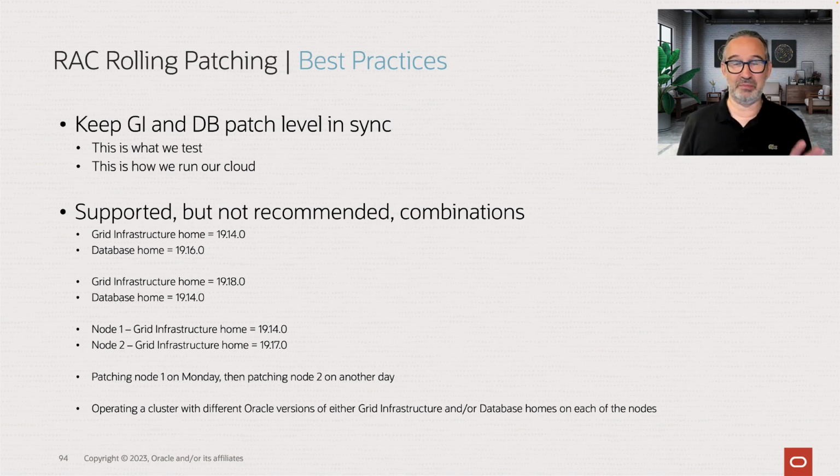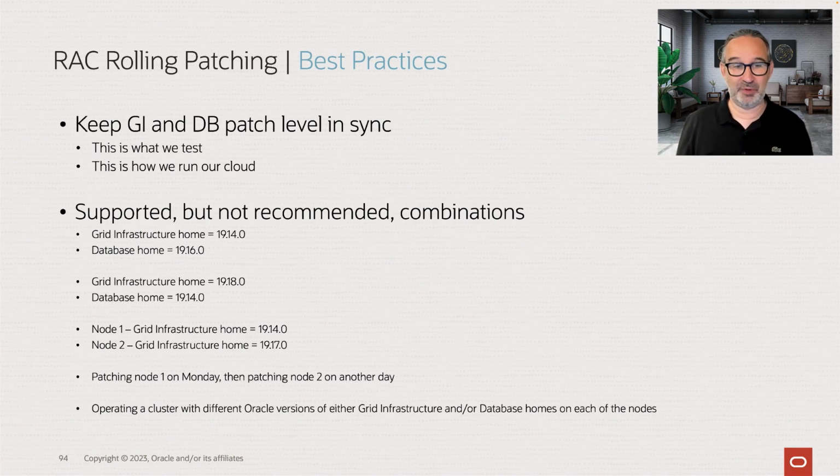I will tell you in a minute why you should not do this. You could also say, let me patch node 1 on Monday, node 2 on Tuesday, node 3 on Wednesday, and node 4 on Thursday and Friday. Happily, we are ready for the weekend. Don't do this, please. I come to this point as well.